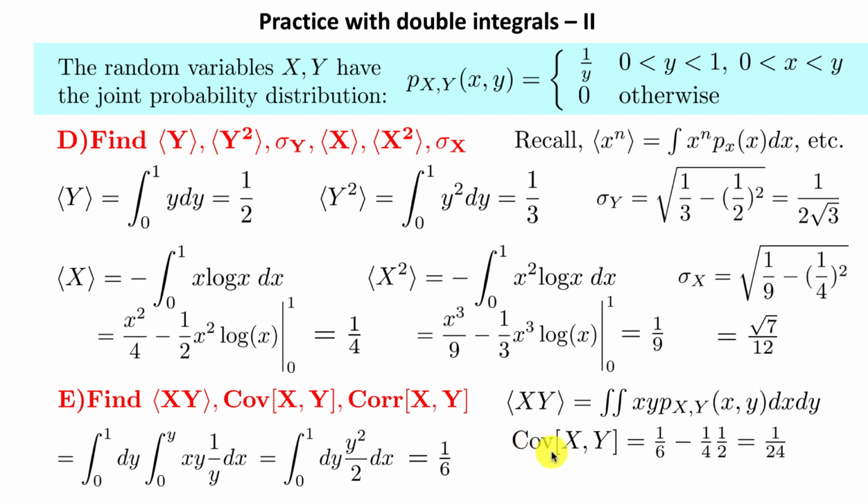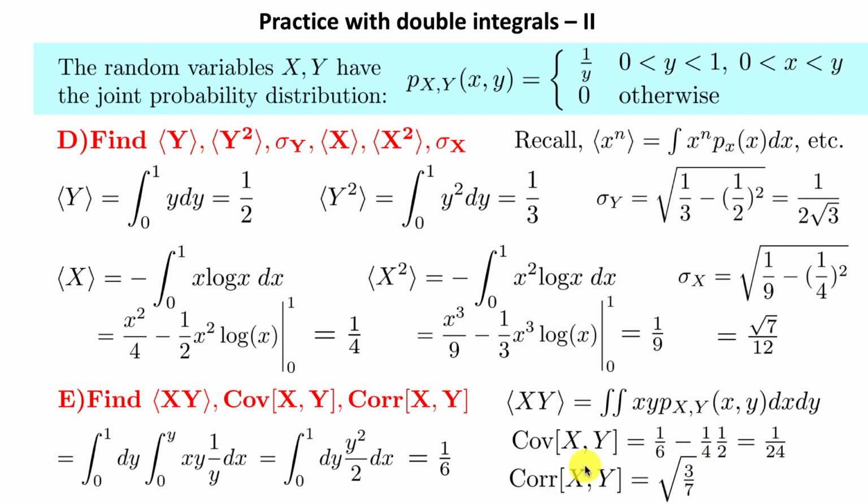Next, we can calculate the covariance. The covariance is the average value of xy minus the average of x into the average of y. These we have respectively from here and from here. So just do the subtraction, that's 1 over 24.